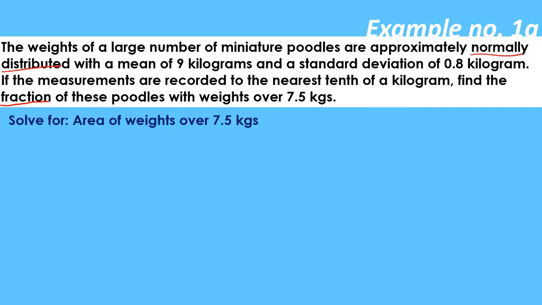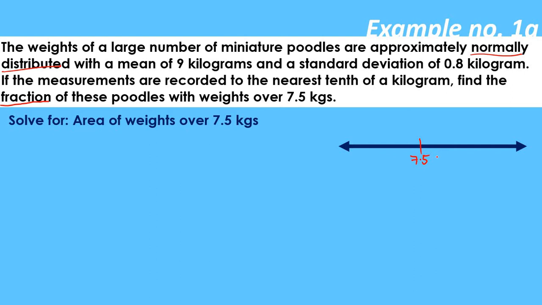We start by identifying what we are solving for, and that is the area of weights over 7.5 kilograms. This is the fraction, also the area of the weights over 7.5 kilograms. Now let's try to identify if these keywords will represent area above, below, or between. So when we say over 7.5 kilograms, say for example 7.5 is somewhere here, if we want to know the probability over 7.5, we define literally over, and that is going beyond 7.5.